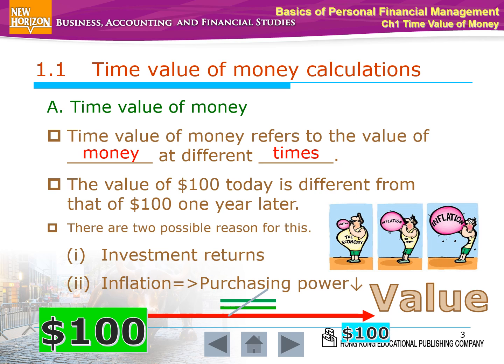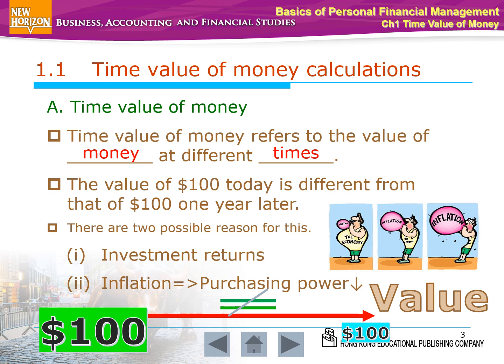You see that this amount, just like the $100 note at the end of the year, will become smaller in value. That means the $100 note at present is not equal to the value of $100 notes at the end of the year.